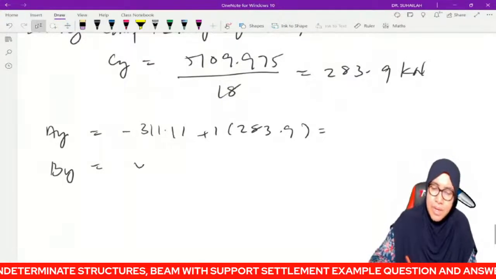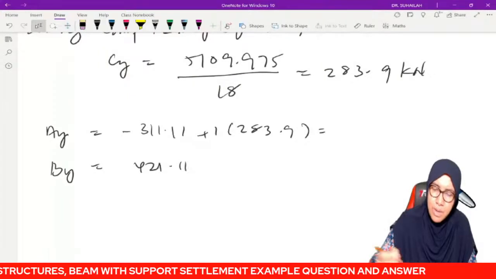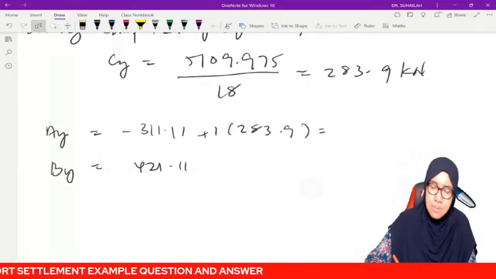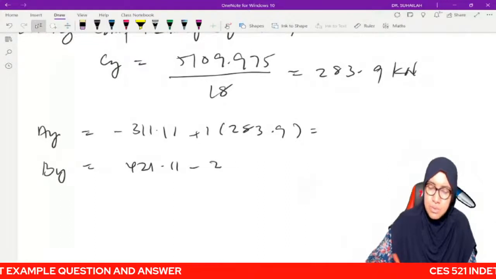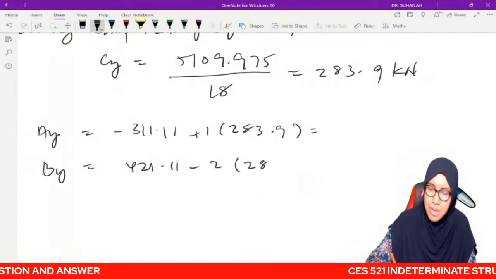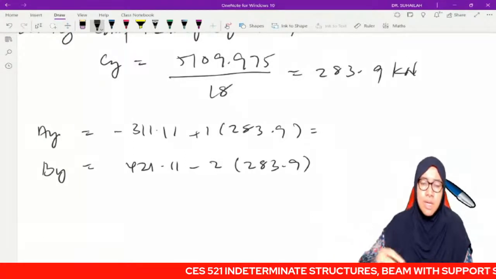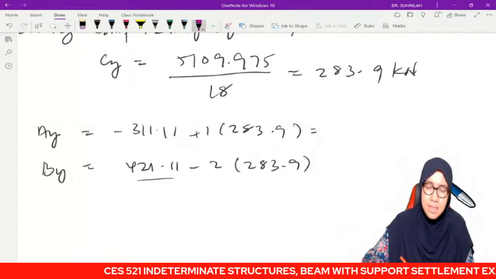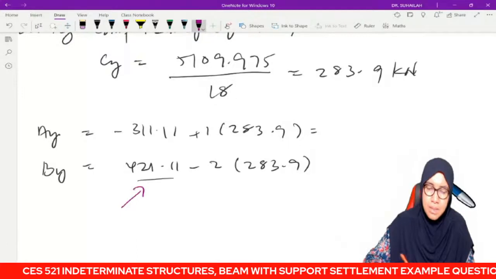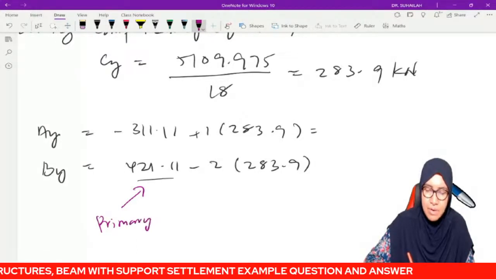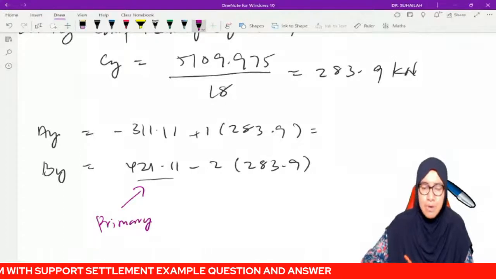And BY is 421.11 minus 2 times 283.9. This comes from the primary system, because we are referring to the same principle of superposition.